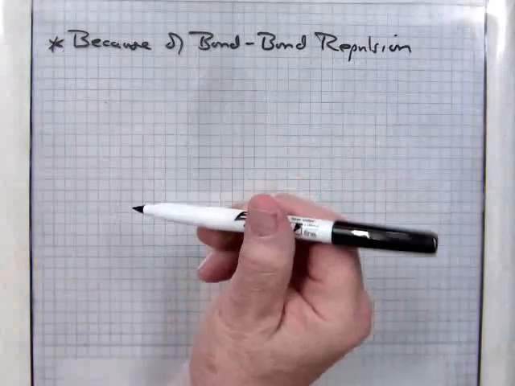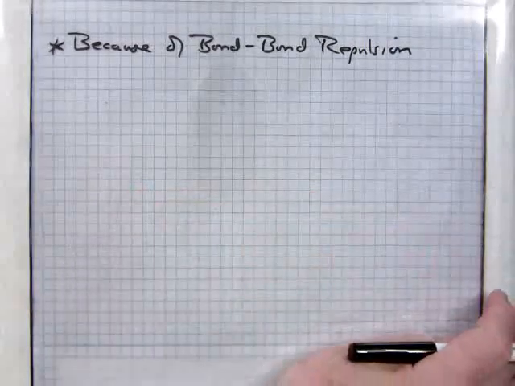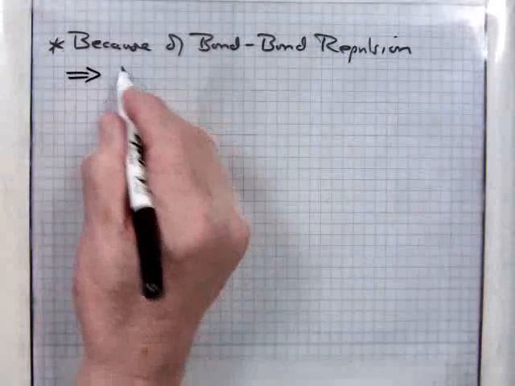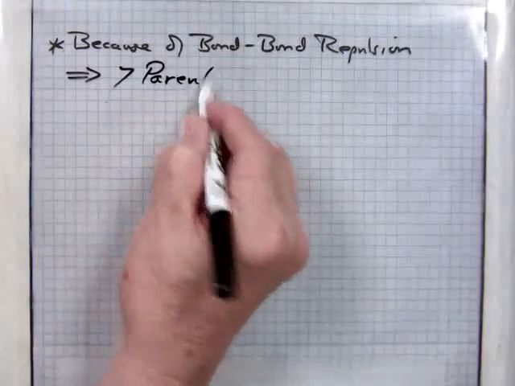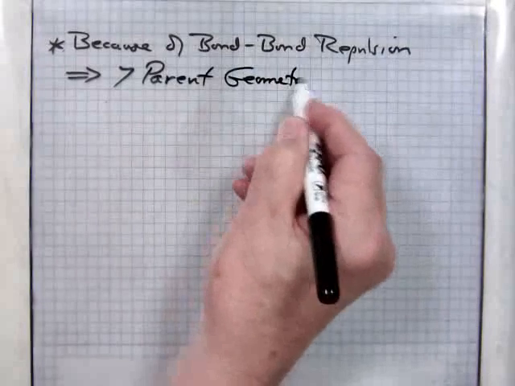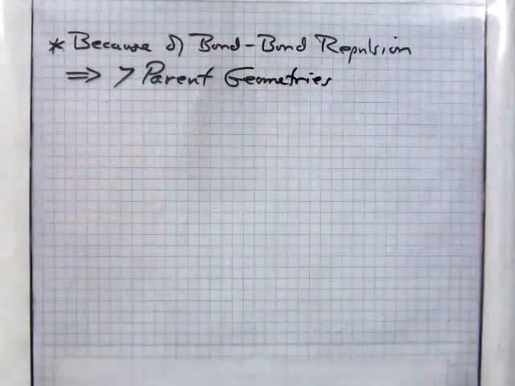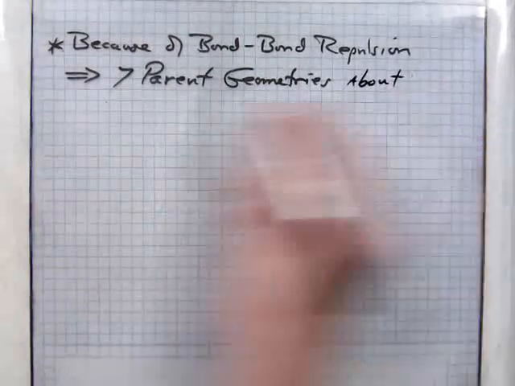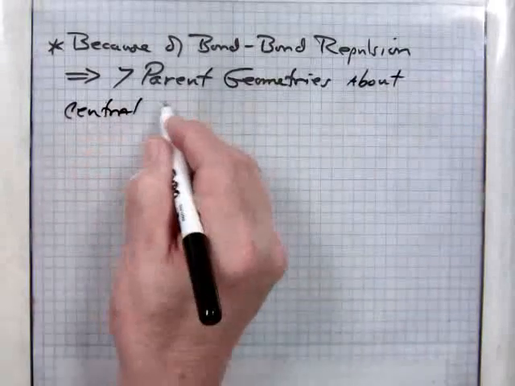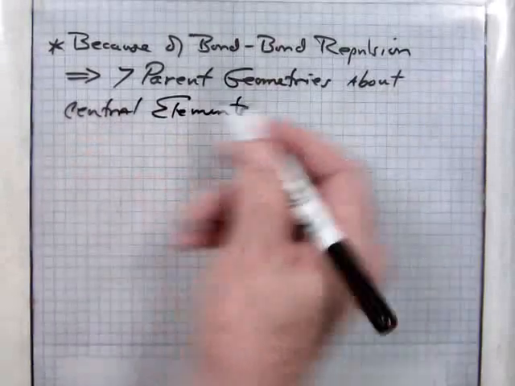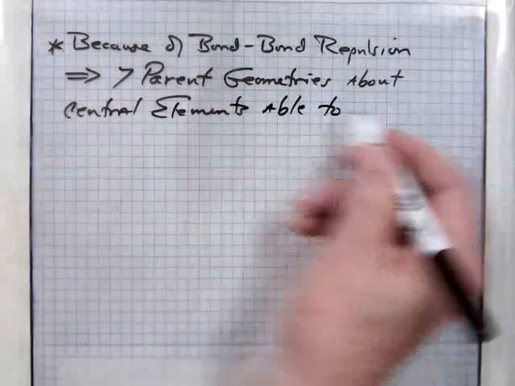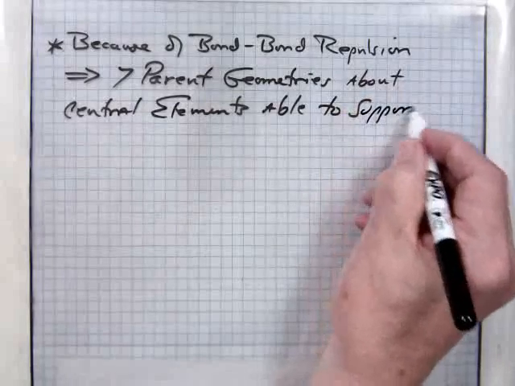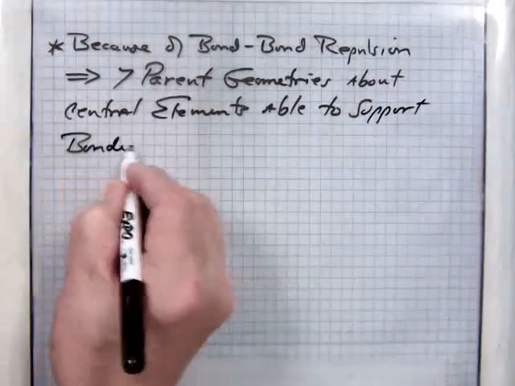the geometries associated with molecules are limited to 7 what we call parent structures. About central elements, able to support bonded substrates.